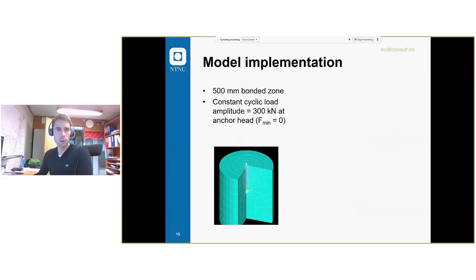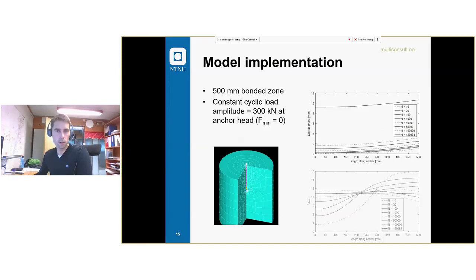We also modeled a 500 millimeter anchor, with a constant cyclic load amplitude of 300 kilonewtons at the anchor head, and we can plot results. The first figure here is the length along the anchor, so 0 to 500, it's 500 millimeters long. At 500 we have the anchor head where we apply the force.